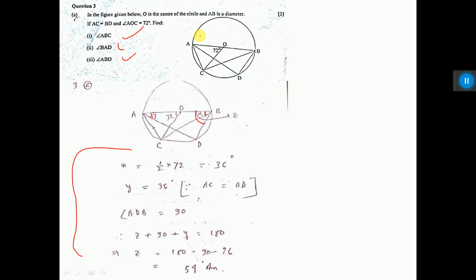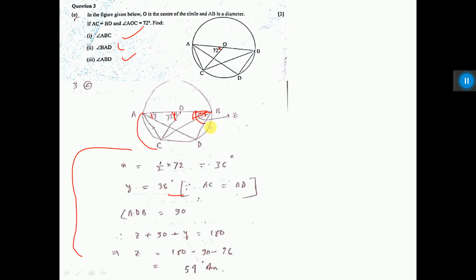So since this is the center containing angle 72 on the AC arc, the circumference containing angle will be this one at BX. So x will be half of 72, because you know on the same arc the circumference containing angle is half of the center containing angle. You know this thing.